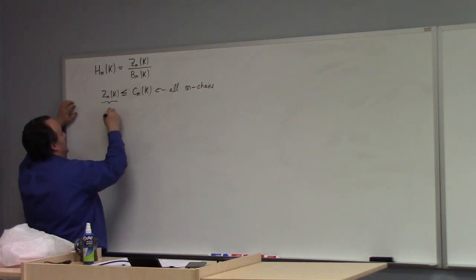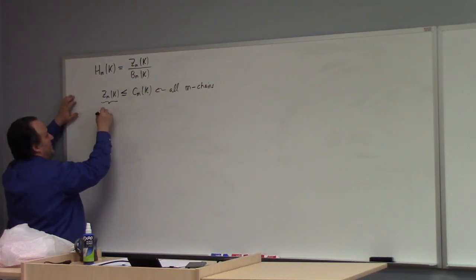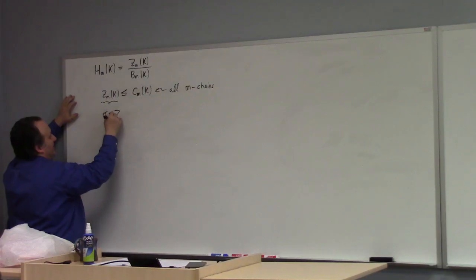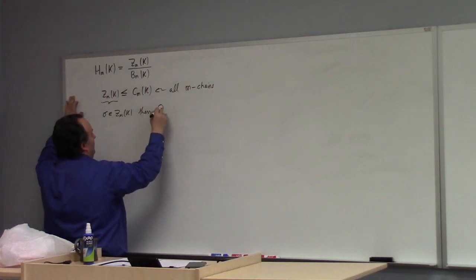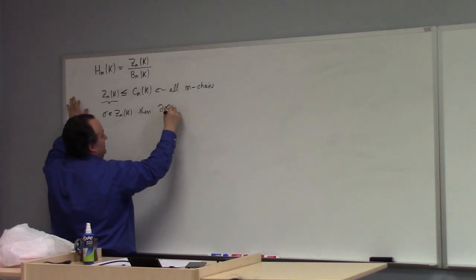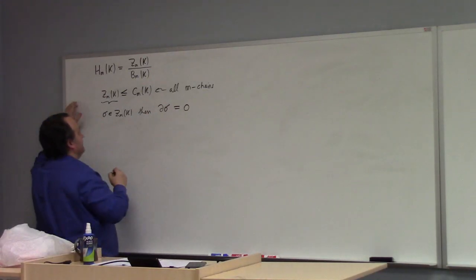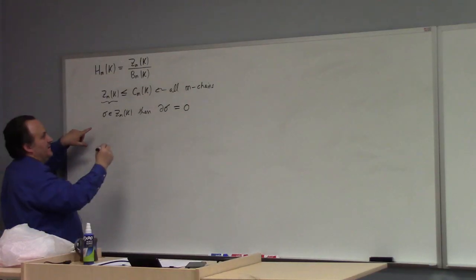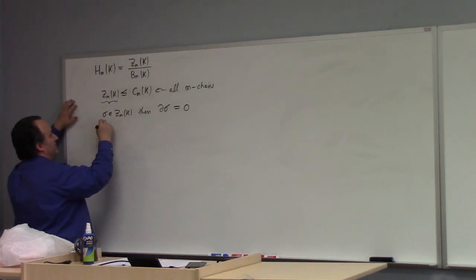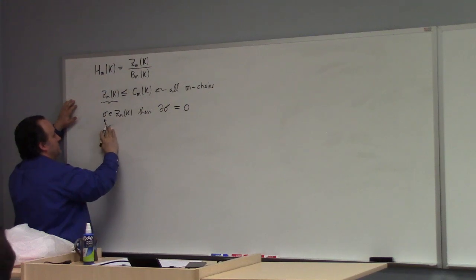In here, if sigma is an element of Z_M(K), then the boundary operator acting on sigma is equal to 0, all right? We call such a thing an M cycle.